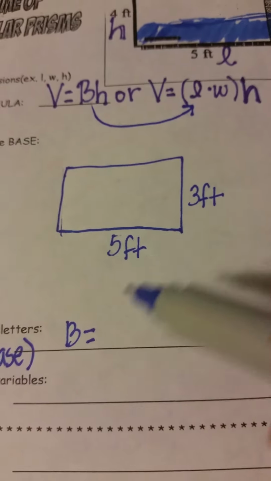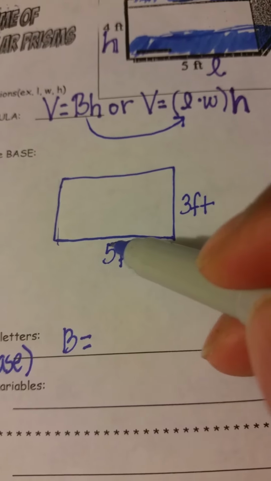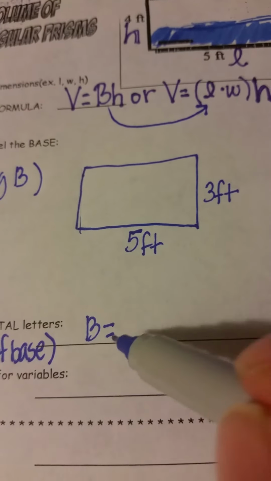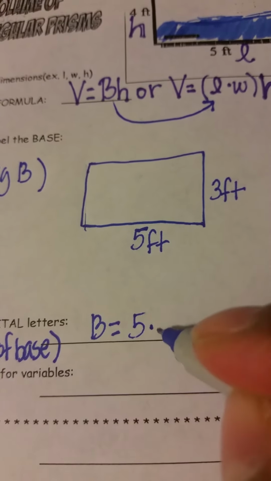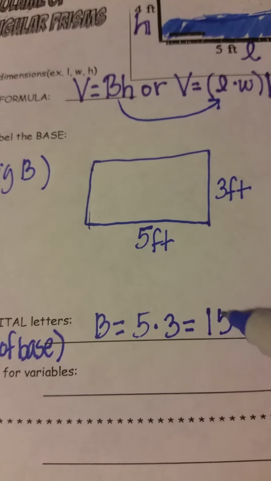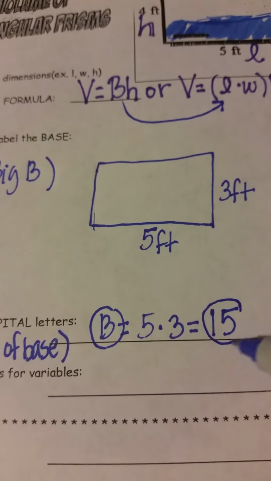All we have to do is look at our previous step for this, because this is big B right here. So we do 5 times 3, which would give me 15. So big B is 15.